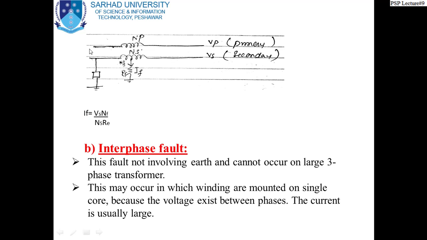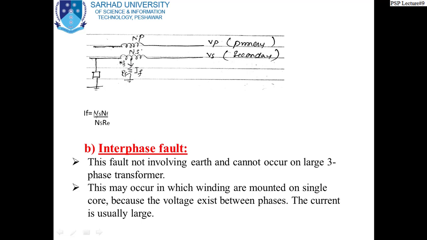Now you see here with this figure, we have shown the primary winding, which has NP turns, and the secondary winding, which has NS turns. And this is the fault point, and the turns between the fault position and earth are NF.